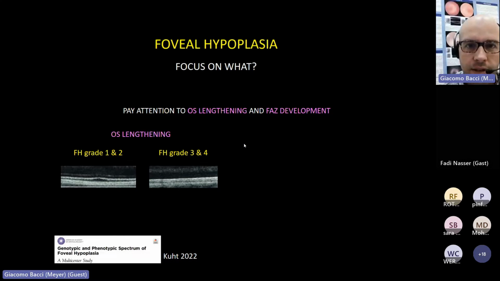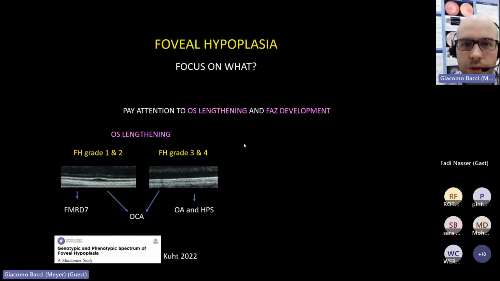And it is interesting that a relationship with the phenotypes is also demonstrated, because recent papers demonstrated that cases related to FRMD7 mutations are quite often associated with grades 1 and 2, while ocular albinism and Hermansky-Pudlak syndrome are strongly related to grades 3 and 4. For ocular albinism, we cannot have such a definition, because they can present with grade 1, 2, 3, or 4. So there is a lot to know yet on this side.